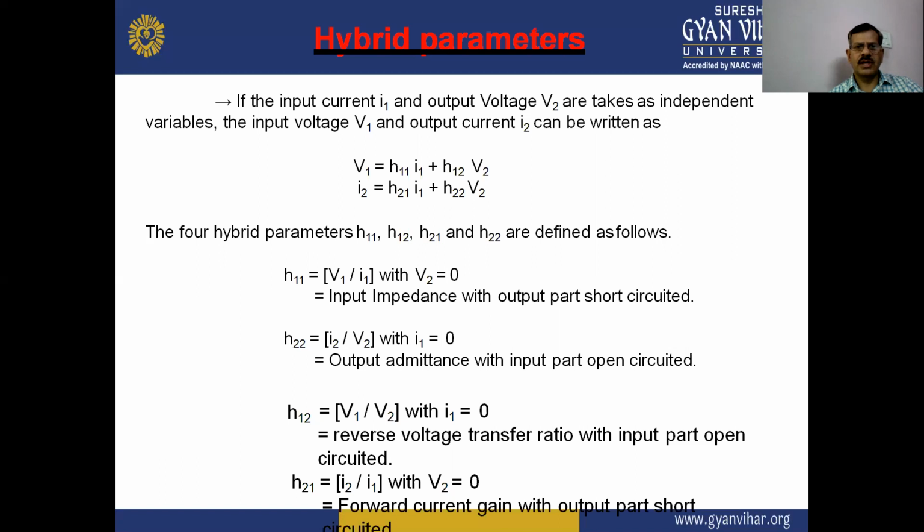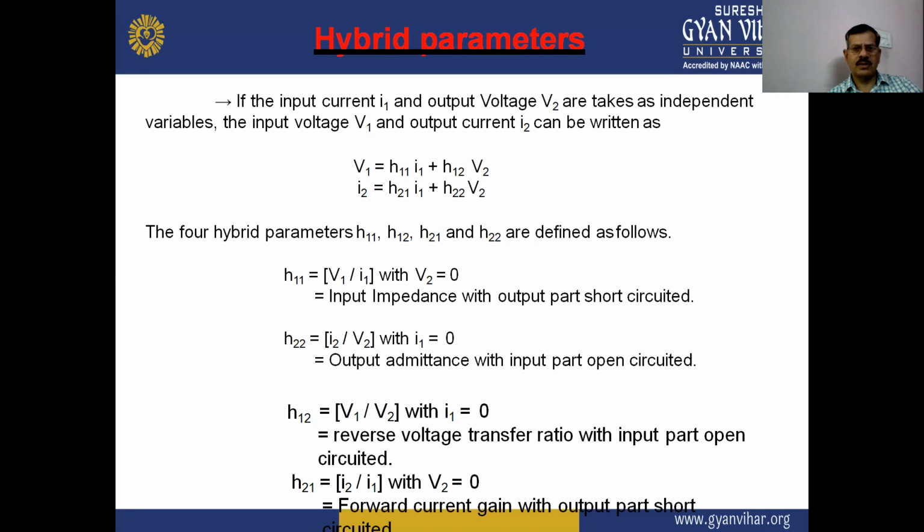The input voltage V1 and output current I2 can be written by these equations: V1 equal to H11 I1 plus H12 V2, and also I2 equal to H21 I1 plus H22 V2. The four hybrid parameters H11, H12, H21 and H22 are defined as follows.